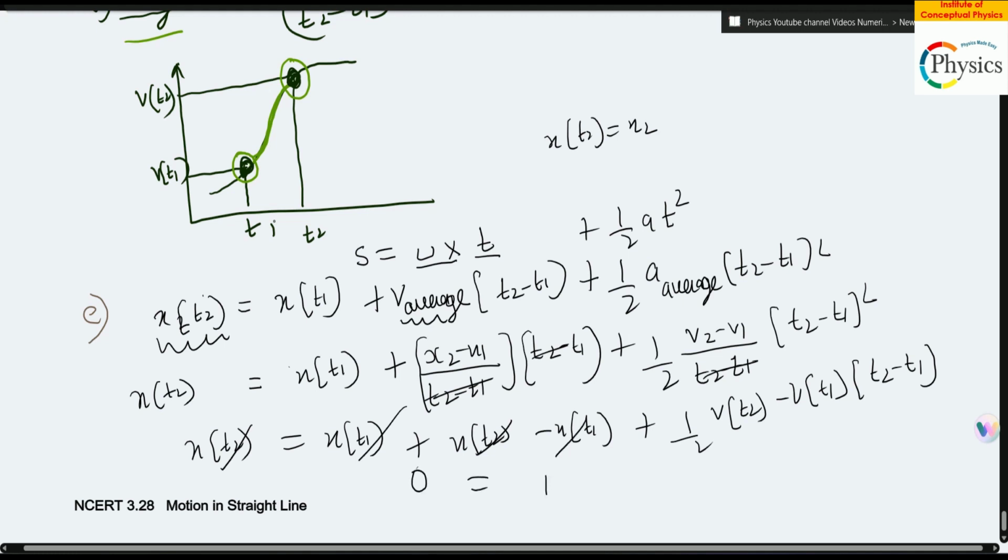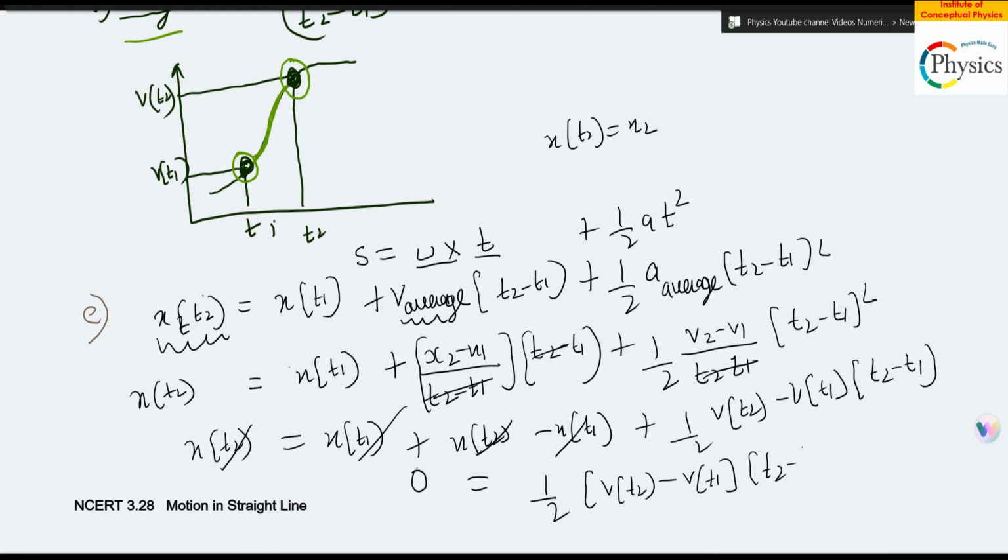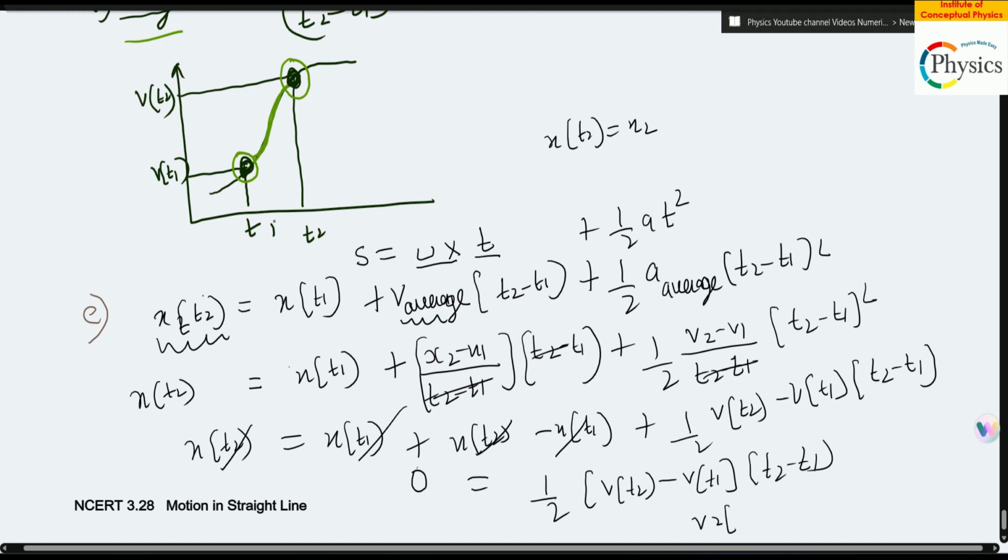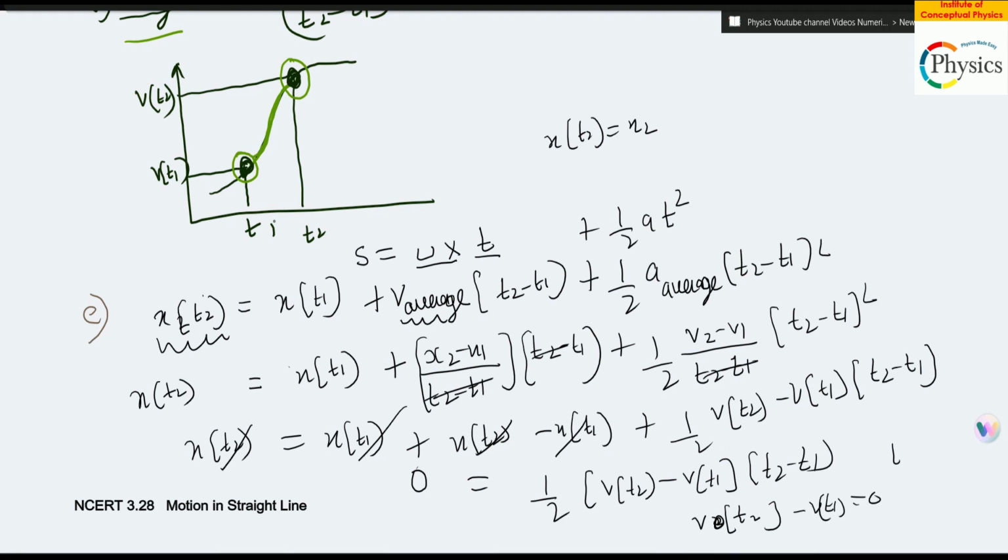You're left with 0 is equal to half VT2 minus VT1 into T2 minus T1 is equal to 0. So either VT2 minus VT1 is equal to 0 or T1 is equal to T2.